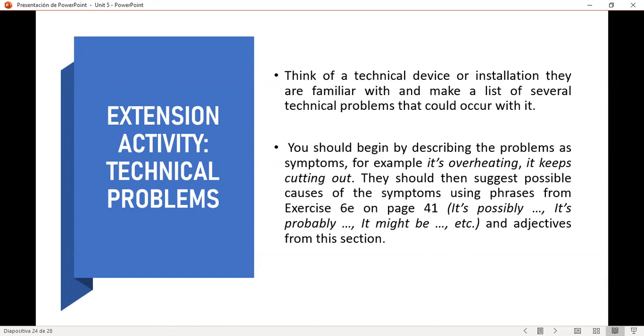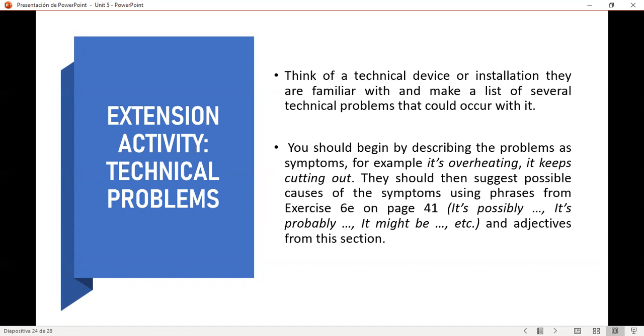So I want you to think of a technical device or a technical installation that you are familiar with, and make a list of several technical problems that could occur with it. Like a phone, a tablet, a laptop, or maybe something in your work area, a machine, a device.